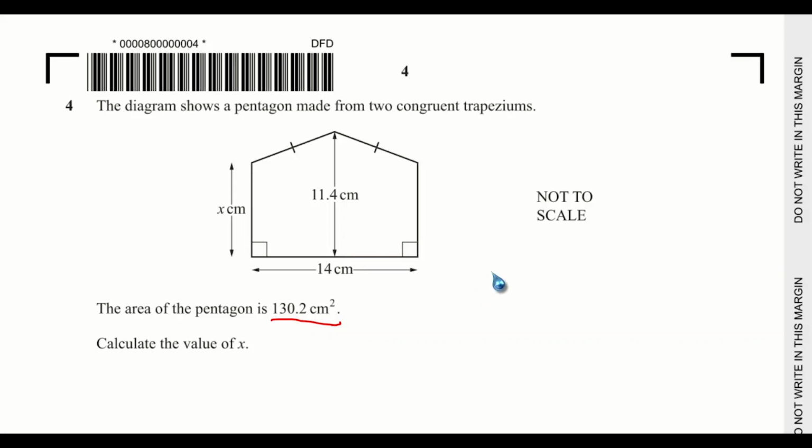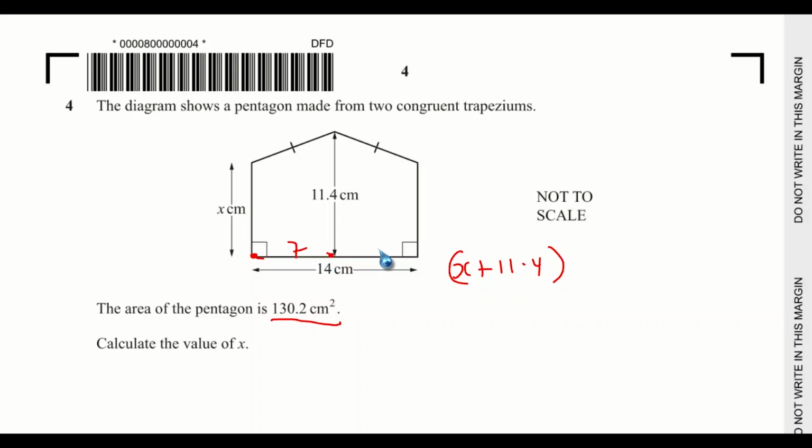The area of one trapezium is the addition of the two parallel sides, that is x plus 11.4. So this is the addition of the two parallel sides. Then multiply by the height. The height now is going to be 7, that is from here to this point.